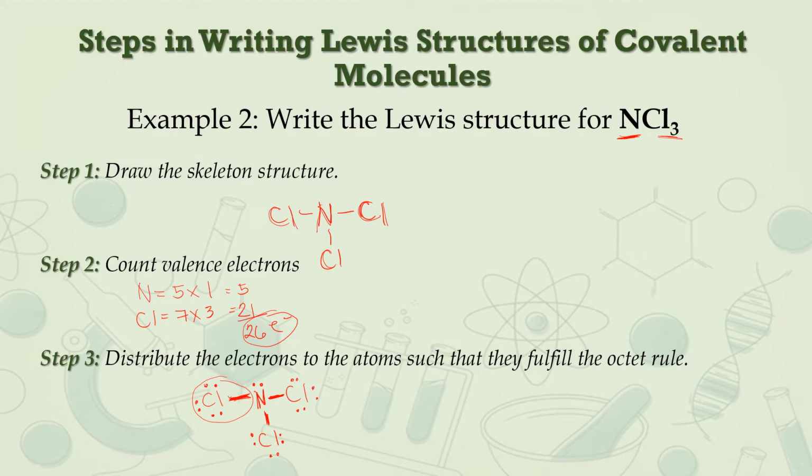To finally check if this Lewis structure is correct, you count if we already put all the 26 electrons. So we have 2, 4, 6, 8, 10, 12, 14, 16, 18, 20, 22, 24, 26. That means to say this Lewis structure is already correct.